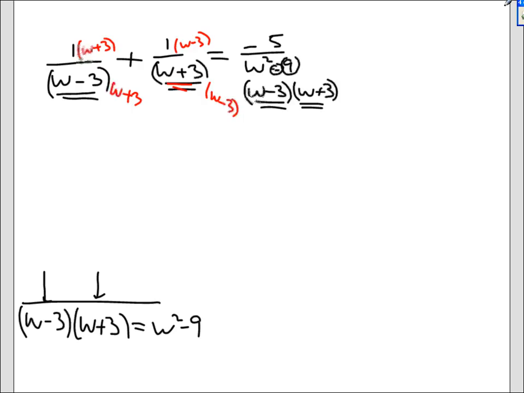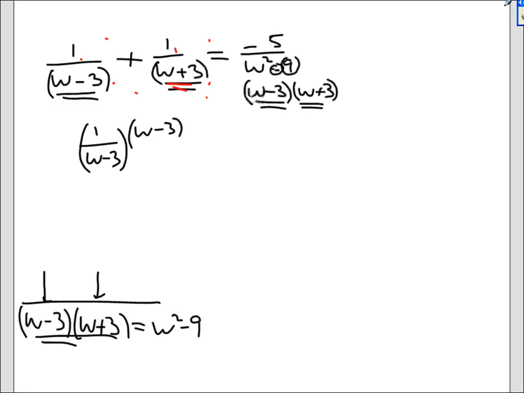In fact, I want to get rid of the denominators. I'm going to multiply everything by this. I'm going to take 1 over w minus 3, and I'm going to multiply it by w minus 3 times w plus 3, plus 1 over w plus 3.